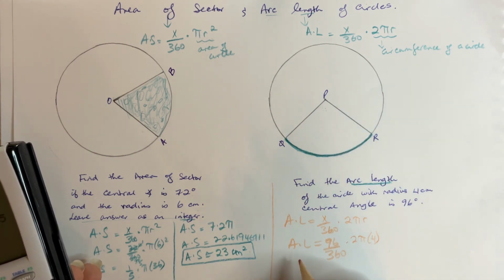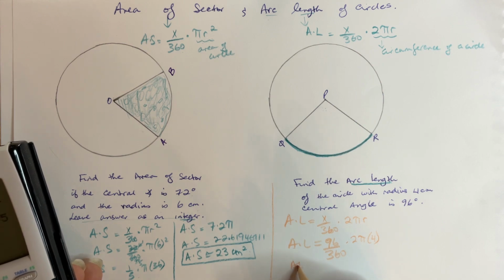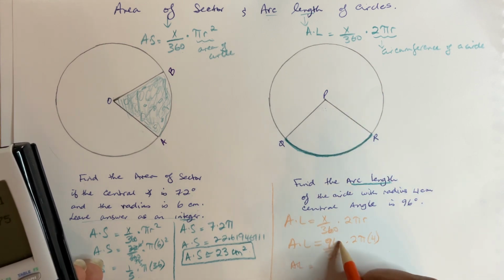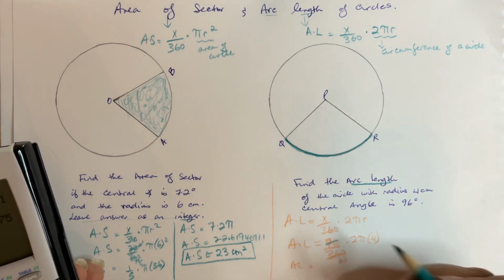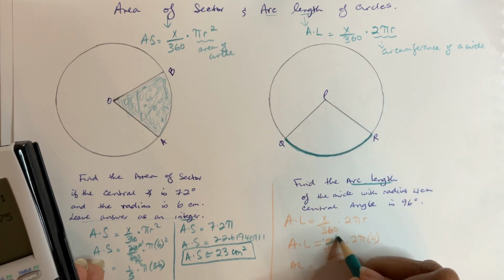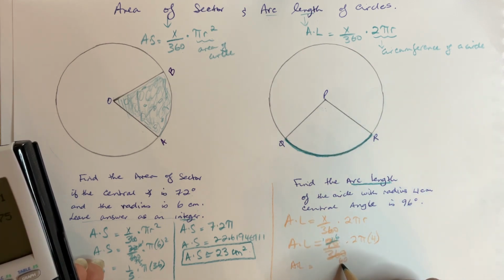So AL now, you can further reduce this: 6 into 60, 6 into 36. Let me use a different color here. 6 into 96 is 16. We can further reduce this: 4 into 16 is 4, and 4 into this is going to be 15.